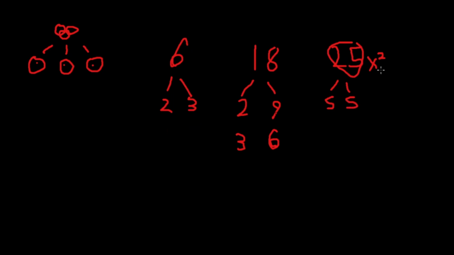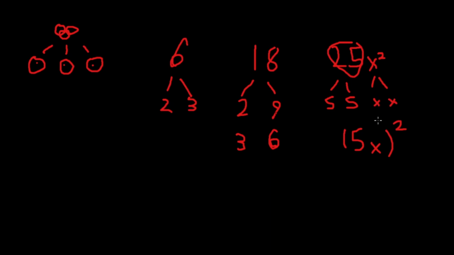So we have 5 and 5, and then for x squared, we can just do x times x. So you'll notice that this is essentially 5x squared. Just think about it. 5 is being squared, but we're doing 5 times 5 to get the 25, and x is being squared to get the x squared.